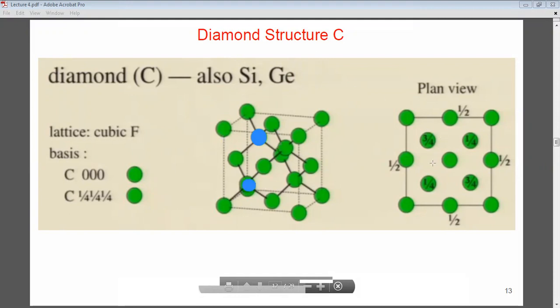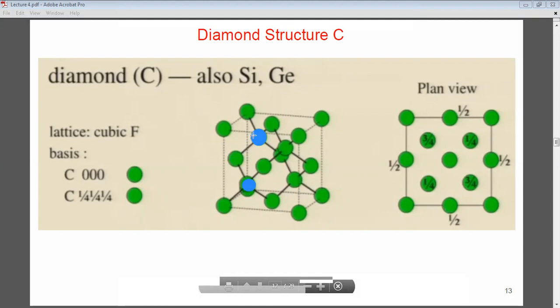If we look at the plan view, we see that indeed we have that of the FCC. So we have these 4 in the corners. We have this one in the middle, which corresponds to this one over here and this one over here. We have these ones in the middle of the faces.